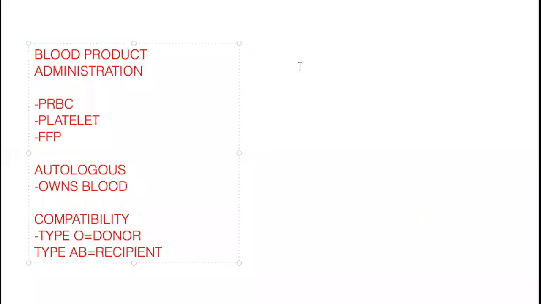All right. When it comes to physical examination, your assessment includes inspection, palpation, percussion, and auscultation. Body system assessment is based on objective and subjective data.